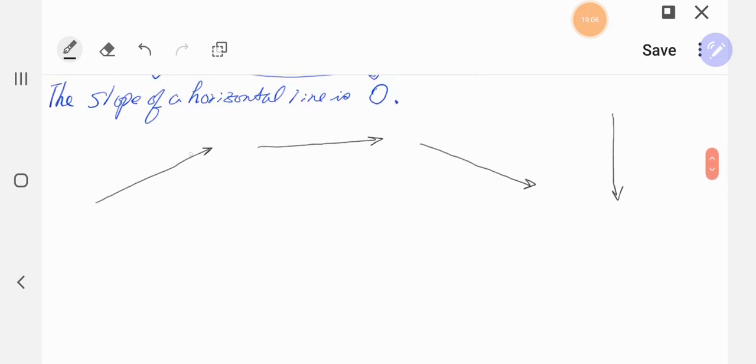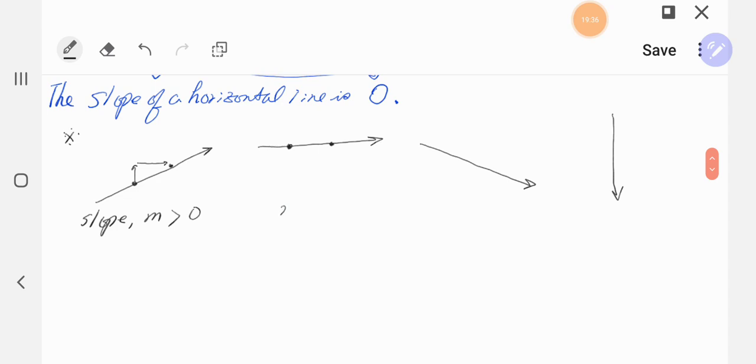Okay, so if you go right and the line goes up, then the slope m is always positive, greater than 0. This is important. If the right end is going up, then rise over run is always positive. Rise is positive, run is positive, so the slope is positive. How about the horizontal line?